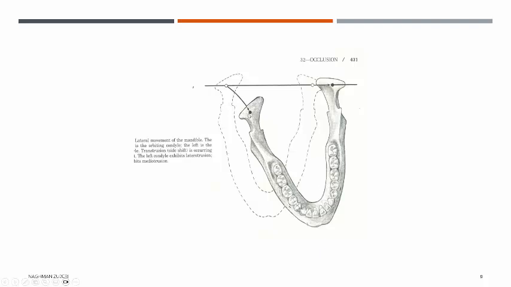It even works more. It has to translate. It has to come out of the fossa and then go over the condylar eminence, or articular eminence, and then it will be rotating in the mediotrusion. Whereas the working side condyle will be staying inside the fossa and will be just rotating.